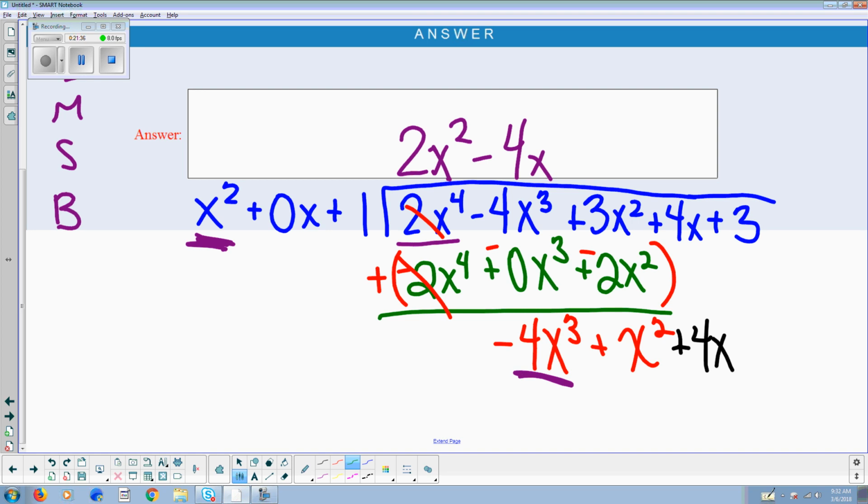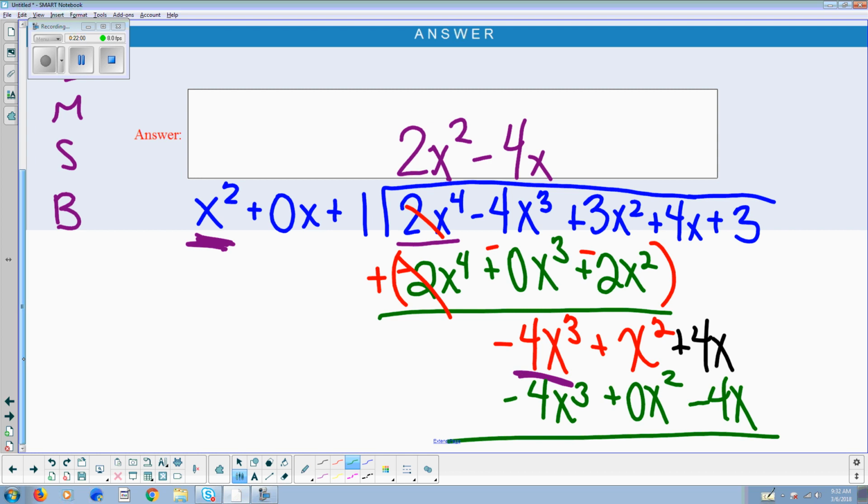So negative 4x times x squared is negative 4x cubed. Negative 4x times 0x is 0x squared. Negative 4x times 1 is negative 4x.